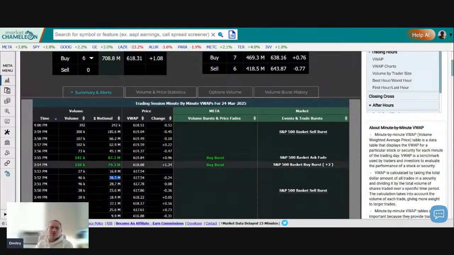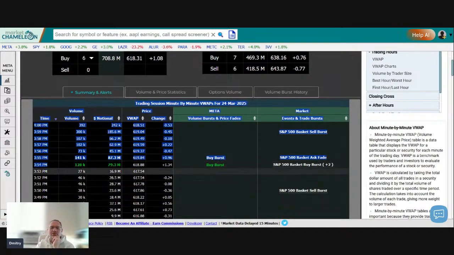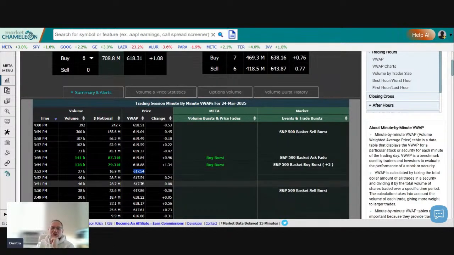If we look at the volume and then analyze the price action, we can see that at 3:53 p.m., the volume weighted average price was $617.54.